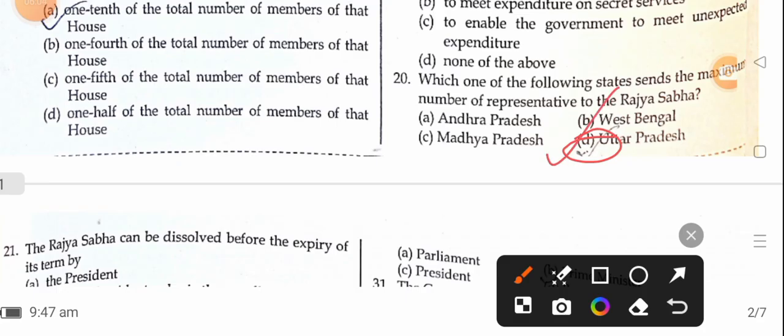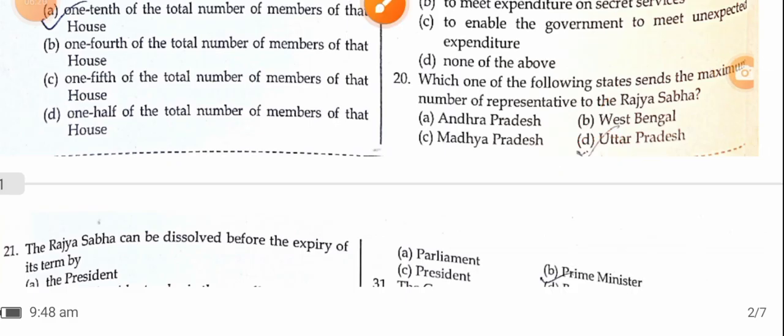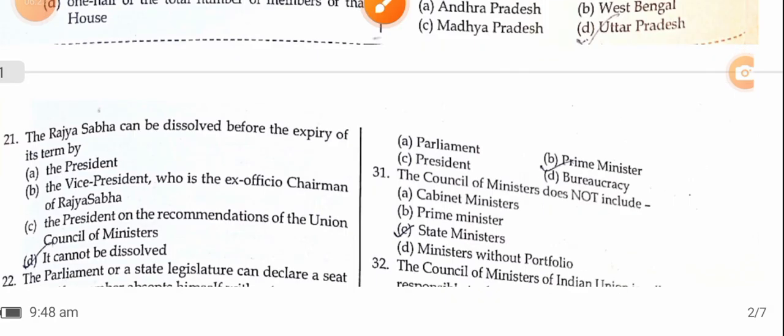My dear students, Uttar Pradesh is the largest populated state in India. And also another fact is there: if we think about wheat production, it is number one in wheat production.